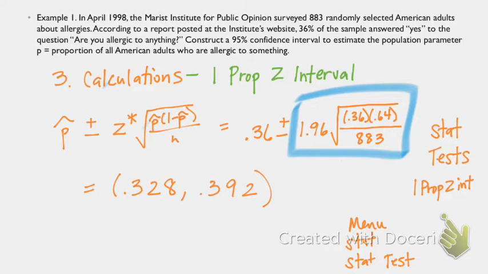Is the 84 stat test 1-prop Z? Yes, I think it's option A. When you click on that, it's going to ask you for an x, an n, and a C level. For the x, that's going to be what 36% of 883 is.